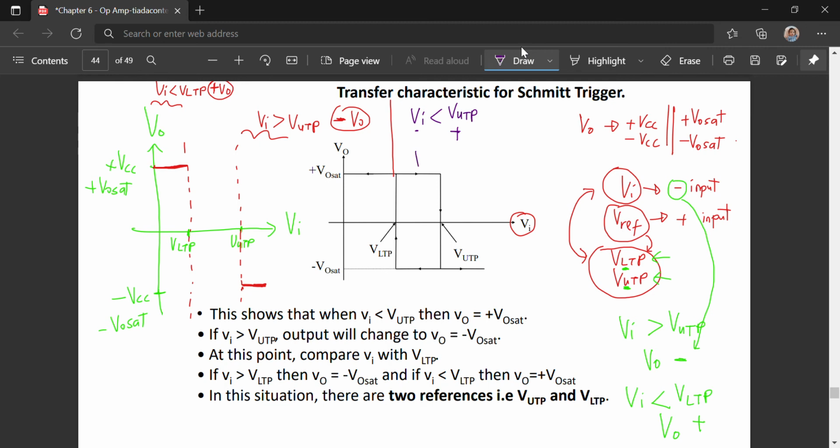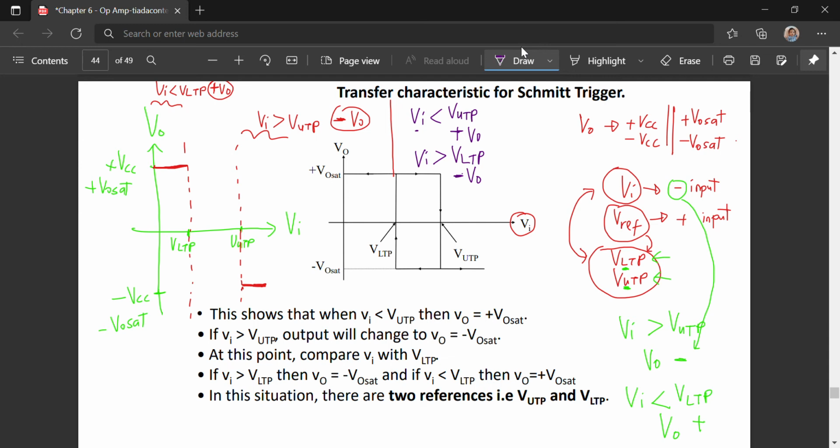If you get it greater than VLTP, in between VLTP and VUTP, you can get both. You can get positive VOUT or negative VOUT. You can get both values.